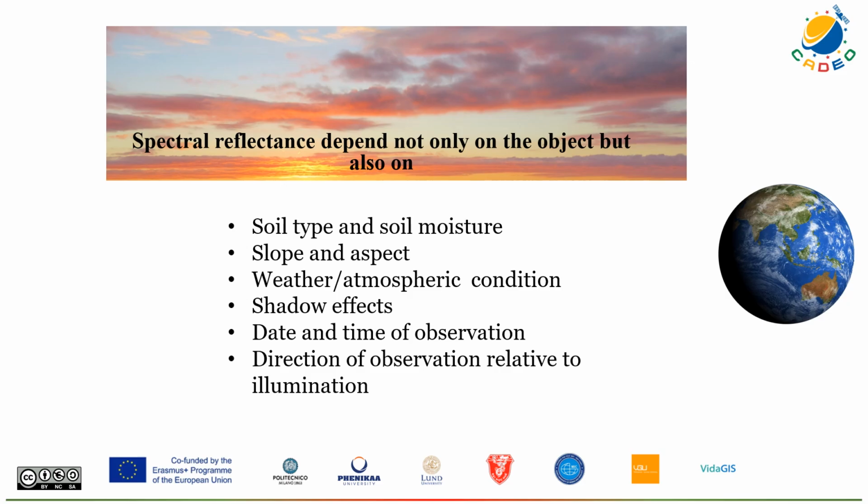How much water vapor do we have in the atmosphere? That will maybe be different between two different times. Shadowing effects: if we study trees, for instance, trees will cast a shadow on the ground. That will also affect the signal that we are registering. The date and time of observation, and the direction of observation relative to illumination also matter.